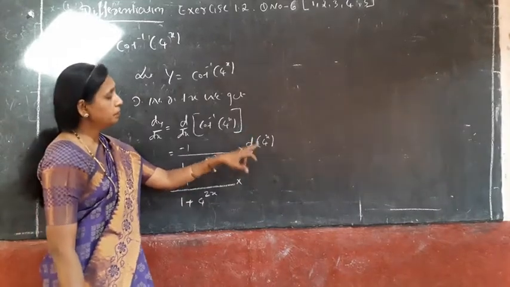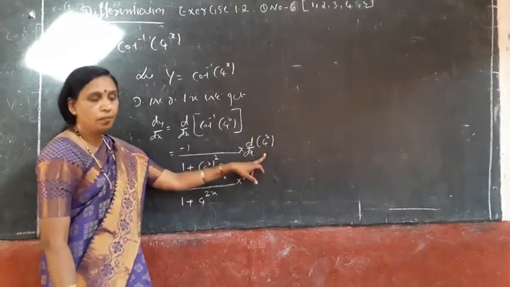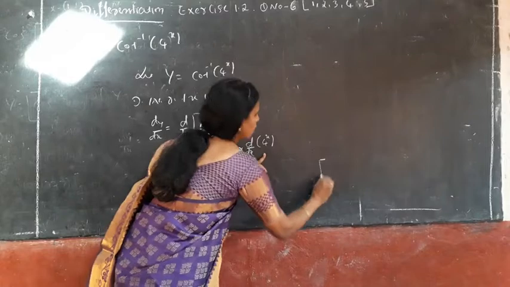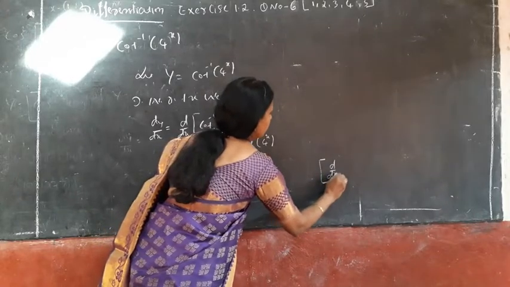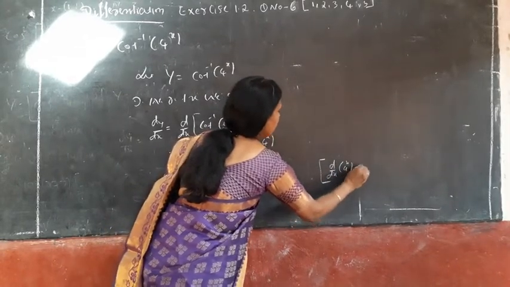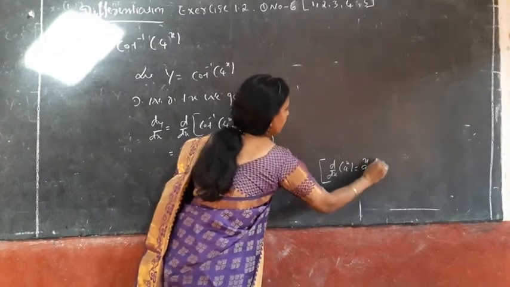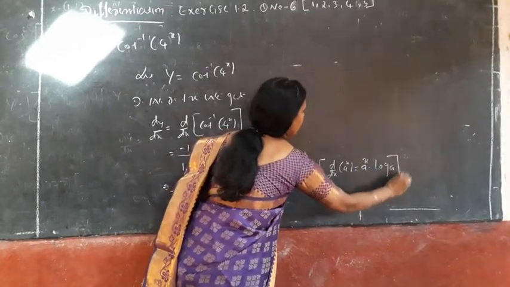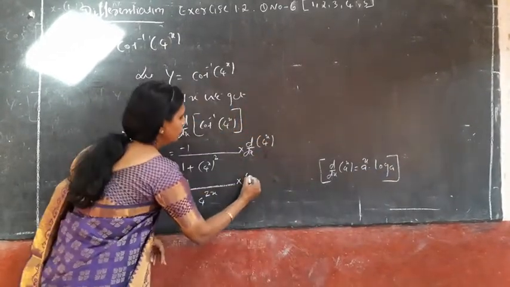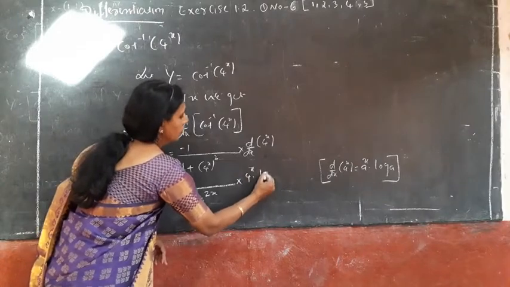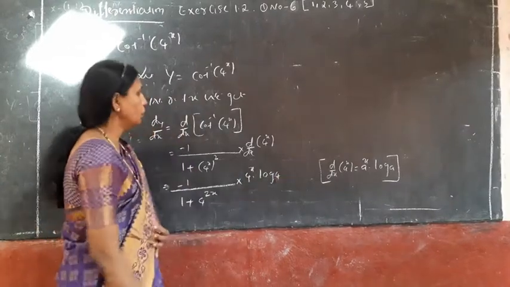This is of the form d dx of a raised to x. Here d dx of a raised to x can be given by a raised to x into log a. So here put 4 raised to x into log 4.